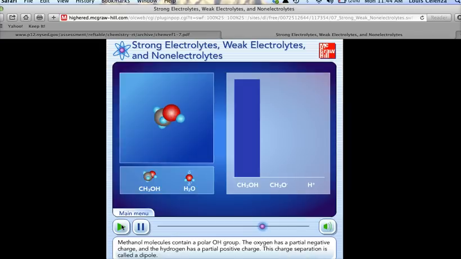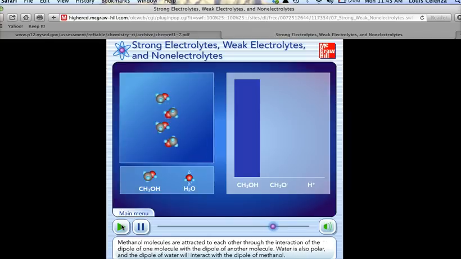Methanol molecules contain a polar OH group. The oxygen has a partial negative charge and the hydrogen has a partial positive charge. This charge separation is called a dipole. Methanol molecules are attracted to each other through the interaction of the dipole of one molecule with the dipole of another molecule. Water is also polar and the dipole of water will interact with the dipole of methanol.